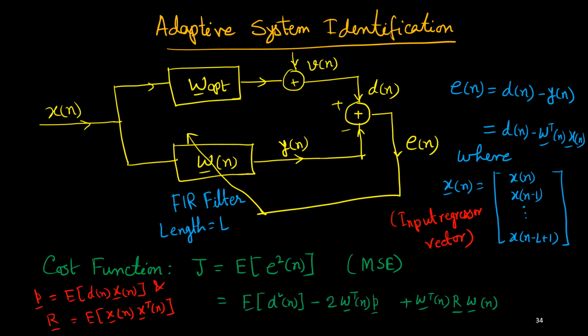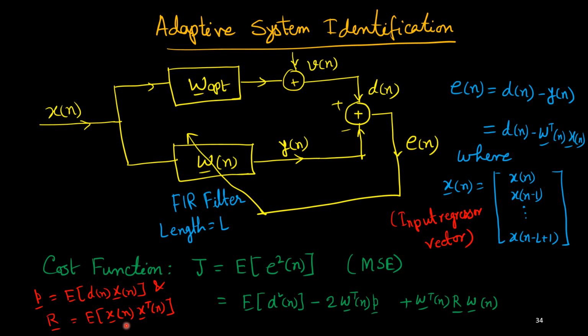If you replace this en that we have already discussed, then this cost function reduces to the expected value of d square n minus 2 times W transpose P plus W transpose R W, where P is the cross-correlation vector between Dn and Xn, and R is the autocorrelation matrix of the input sequence Xn.